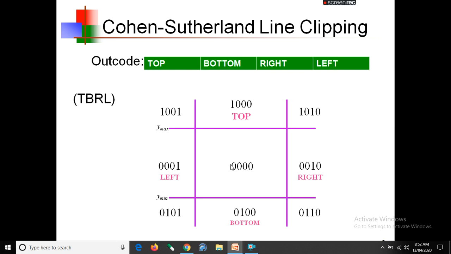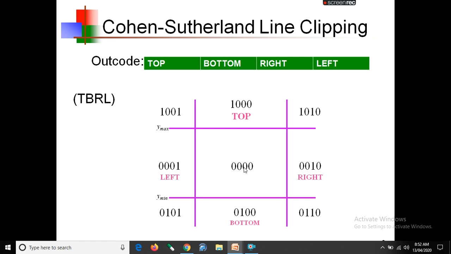If all the bits of the outcode are 0, it means that the particular point lies inside the clipping window. So what I said in the previous slide, I gave a name for this area. As per the algorithm, the region code for inside the clipping window is all bits zeros.